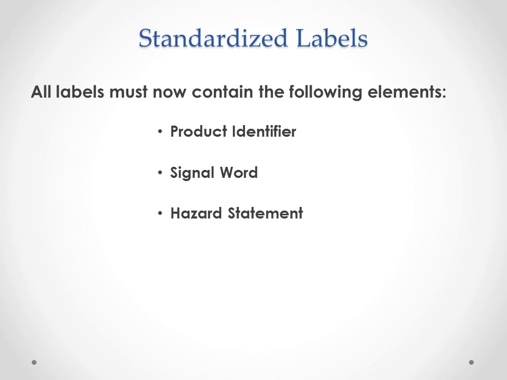A hazard statement that lists the key concerns of the chemicals, what the actual hazards are. Precautionary statements. These are statements that reveal how to avoid an exposure and what to do in the event of an exposure, and they're very specific statements. A supplier identifier that gives the name and contact information for the manufacturer, importer, or distributor responsible for the chemical. There might also be an emergency hotline.